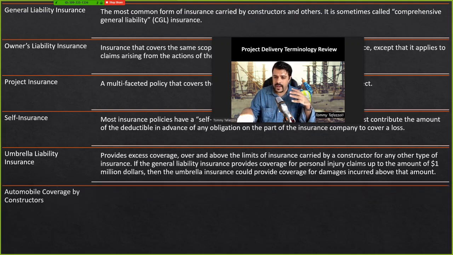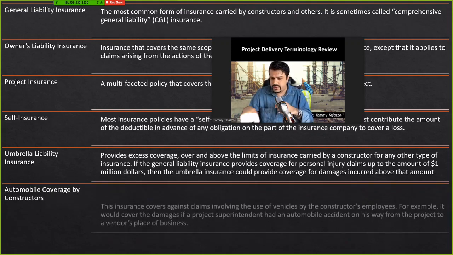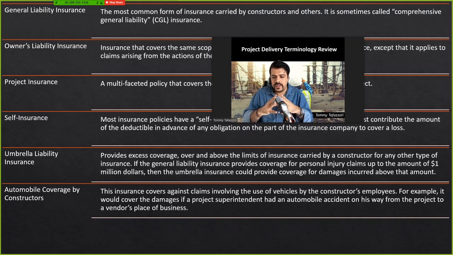Okay, the cap of the previous insurance. Automobile coverage by the constructor covers any claims involving the use of vehicles by the constructor's employees. Okay, so if they have an accident, the insurance company will step up and cover those expenses.